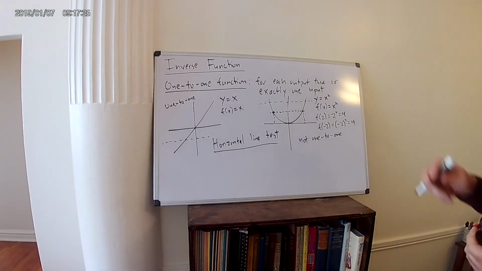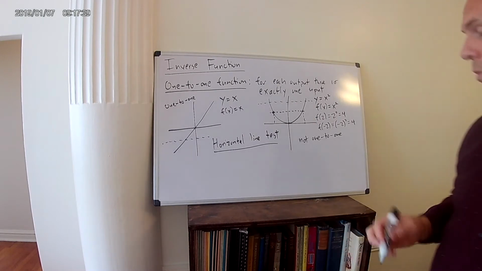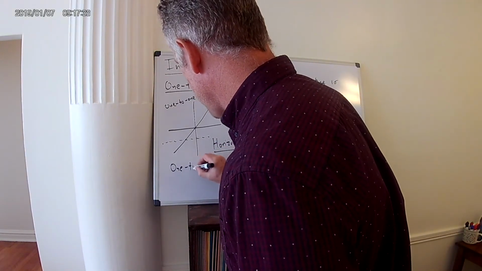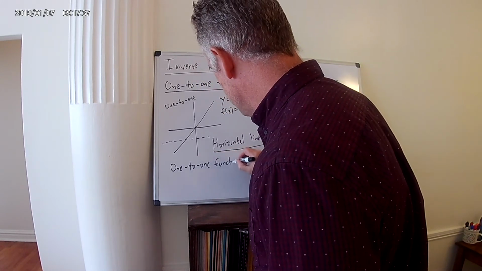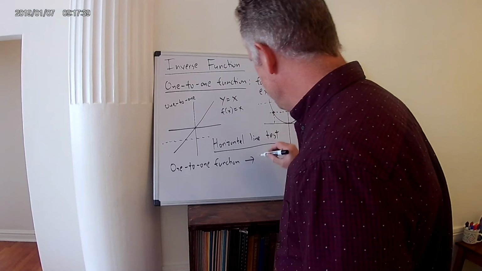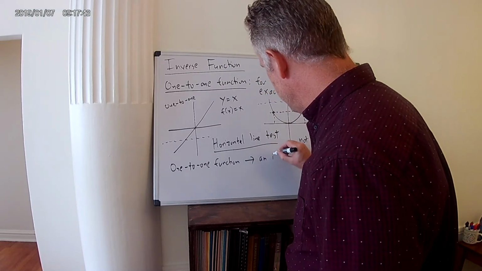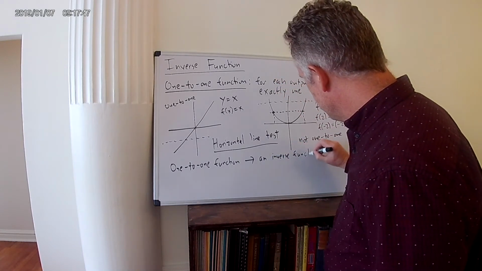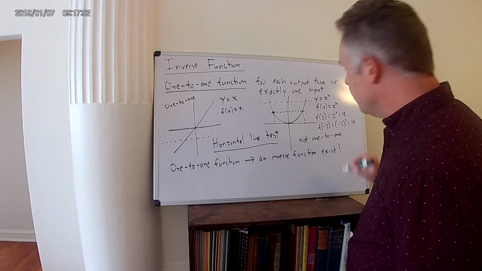Now you might wonder, why do I care whether something's a one-to-one function? Well, it turns out if you have a one-to-one function, this means an inverse function exists.